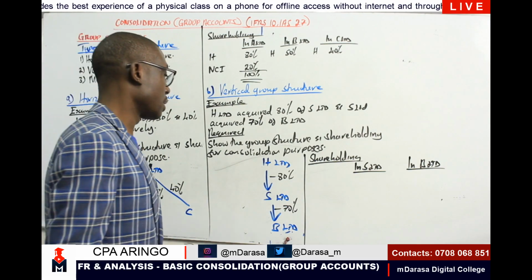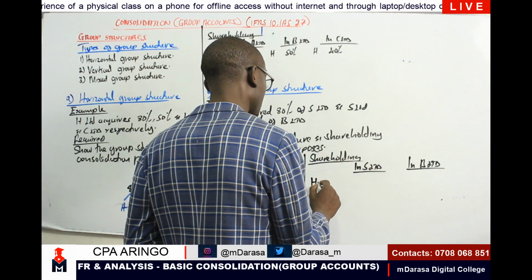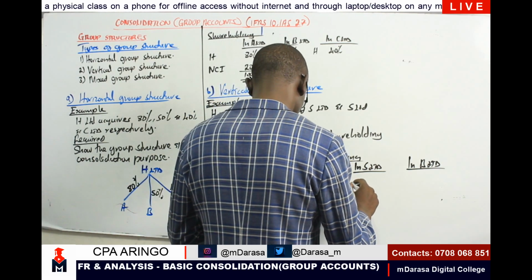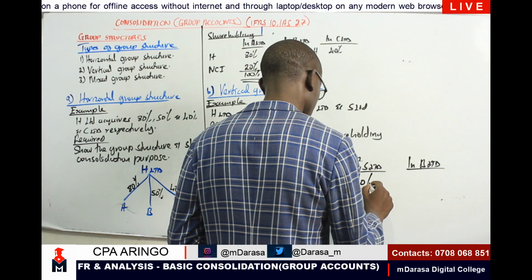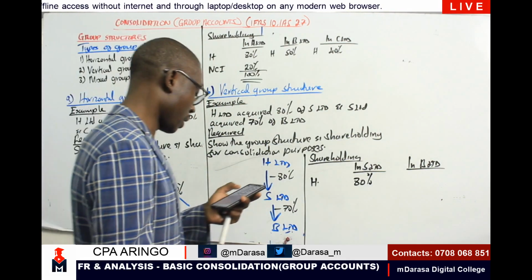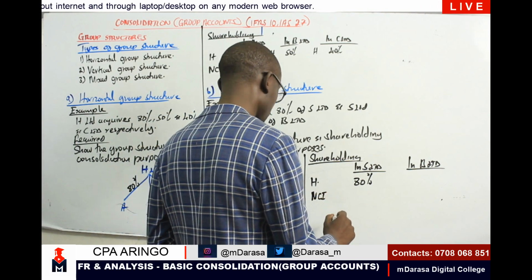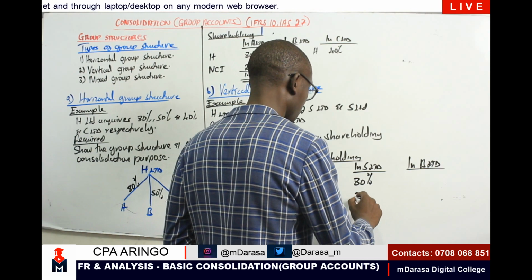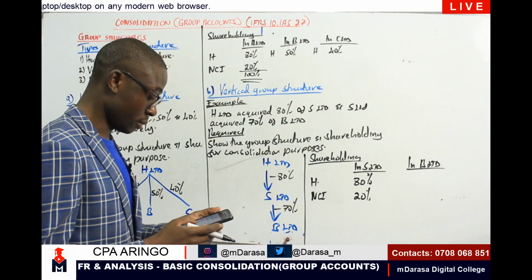So what is H holding in S? So H here, we can agree that at this point, our percentage shareholding is 80%, right? Being 80%, at this point, we're having NCI of 20%. NCI means that you're having 20%, okay?